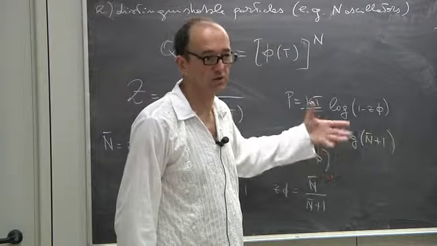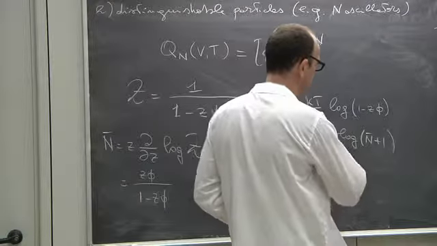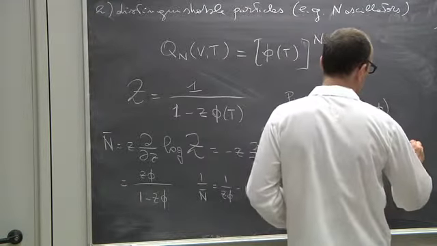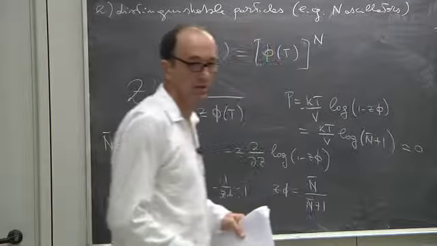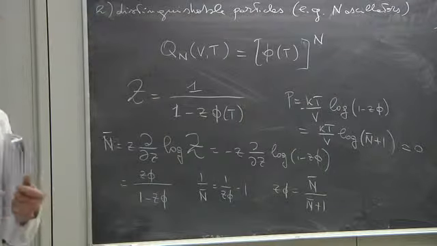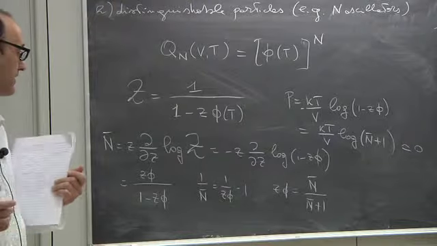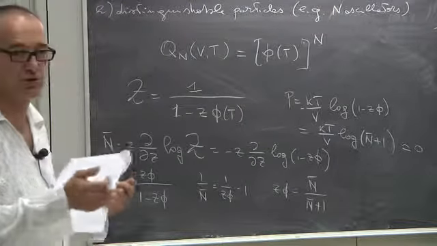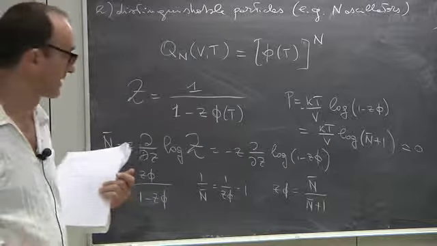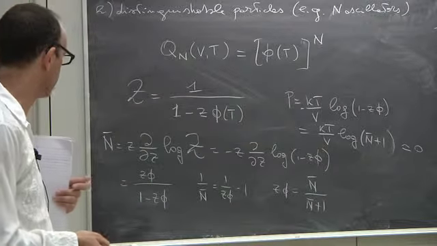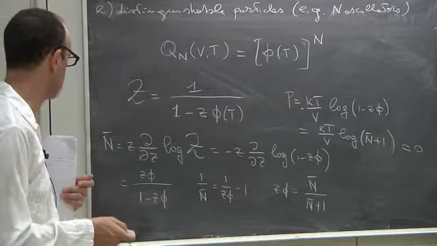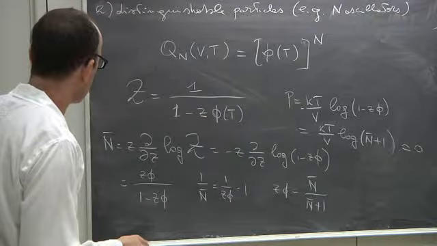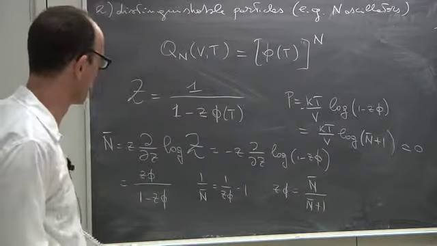This is essentially telling you that the pressure is 0, because it is a system of particles whose position does not depend on the external forces. Only the oscillations depend on the external forces.